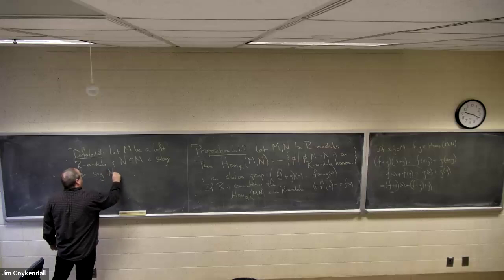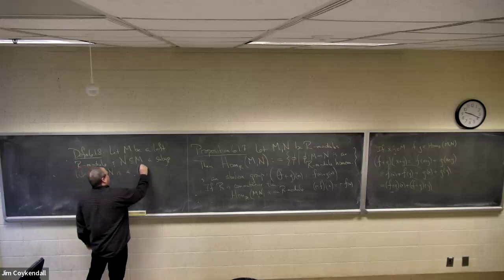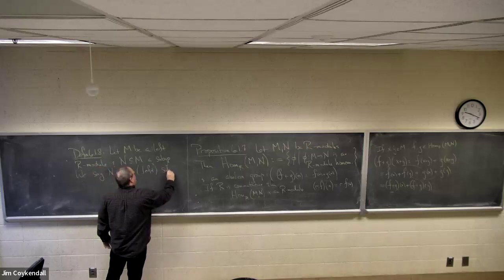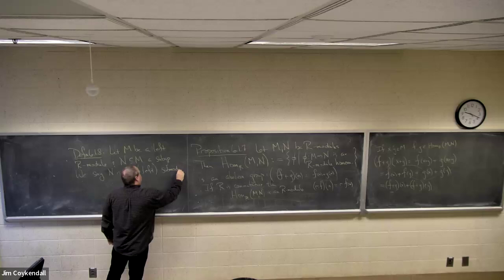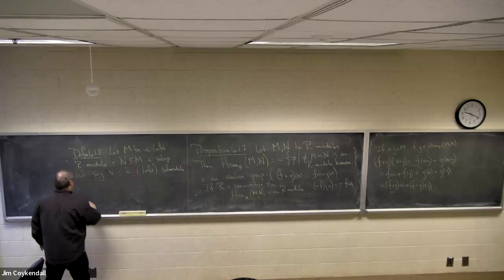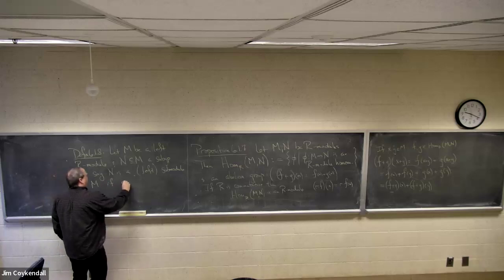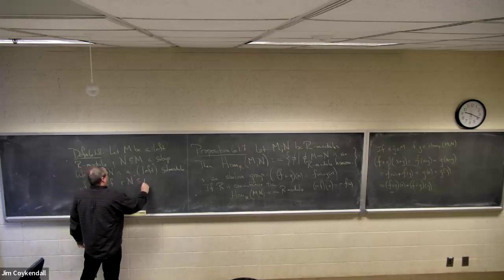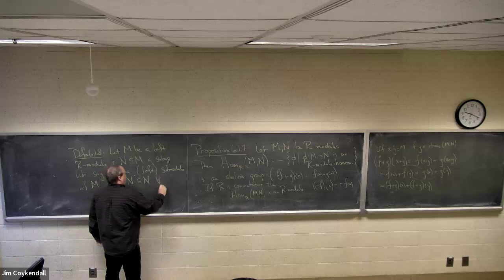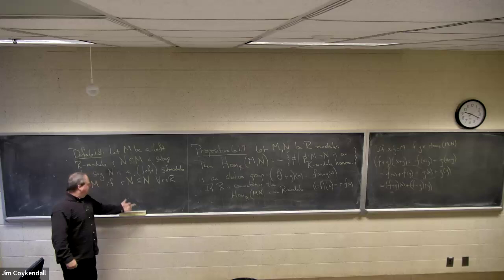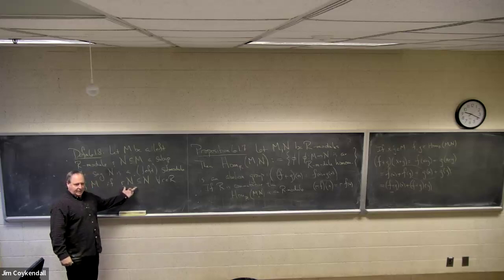N is a submodule of M if Rn is contained in N for all r in R and n in N. So just like ideals, this has to act like a vacuum cleaner, right?